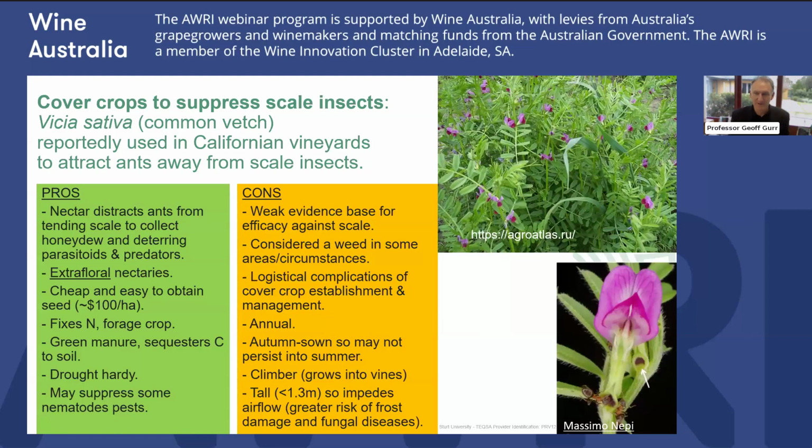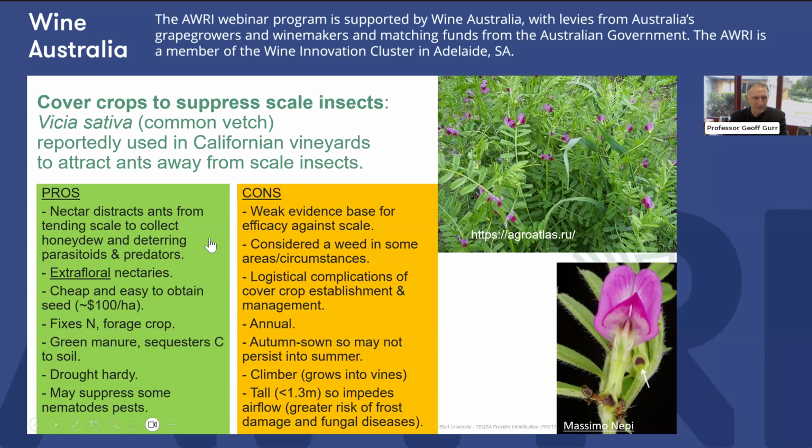It's produced from this little patch of non-floral tissue, and the ants will feed there on nectar. And the idea, of course, is that if the vetch is producing enough nectar, the ants will not bother going up onto the vines.